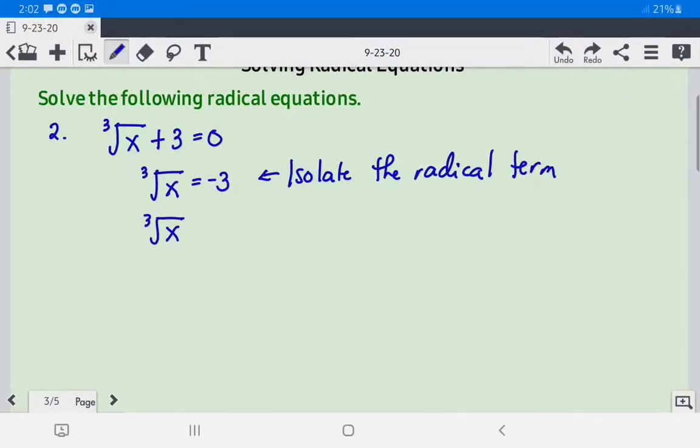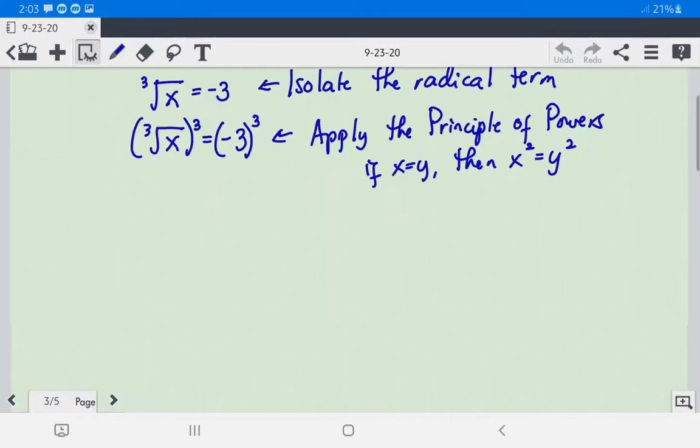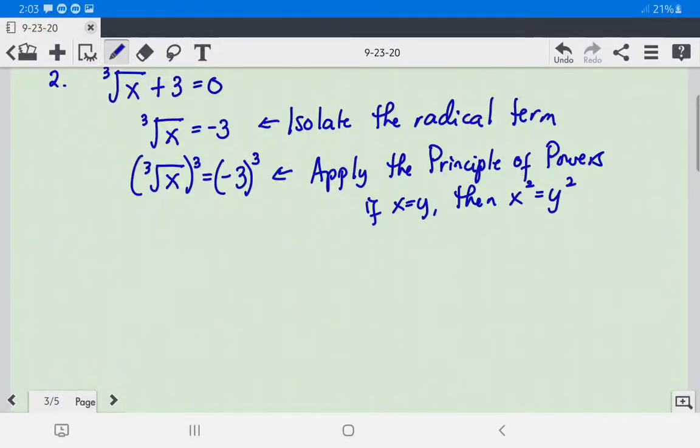Since the index is 3, you have to raise both sides to the power of 3, equals negative 3 enclosed in parentheses, cubed. Then let us simplify. Cube root of x cubed is equal to x. Then negative 3 cubed is equal to negative 27.